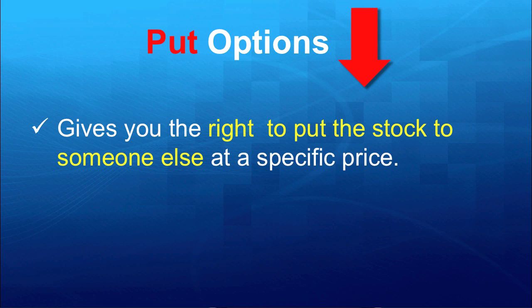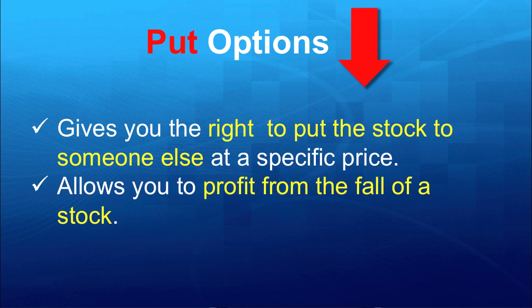A put gives you the right to put the stock to someone else at a specific price for a certain amount of time. A call option gave you the right to buy the stock from somebody else at a certain price for a certain amount of time.